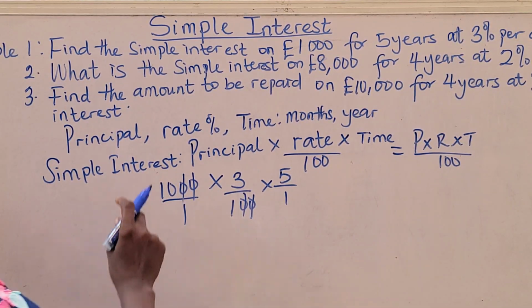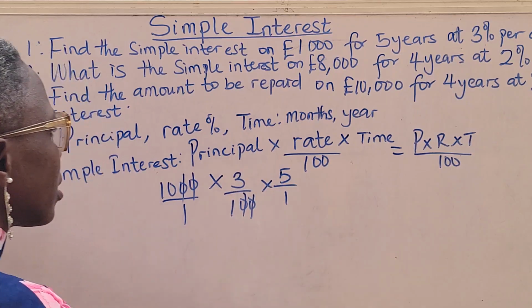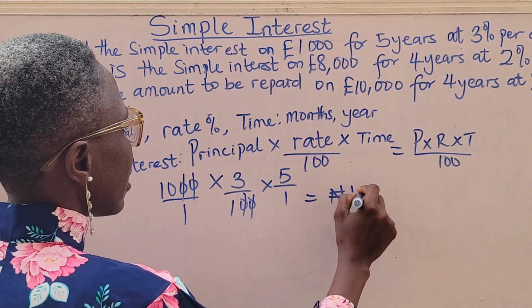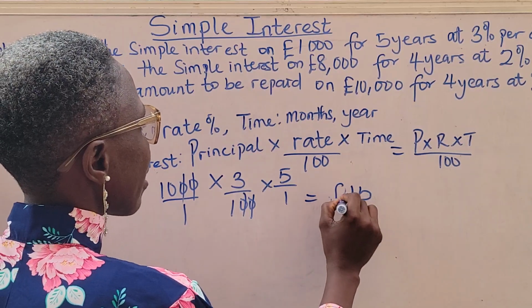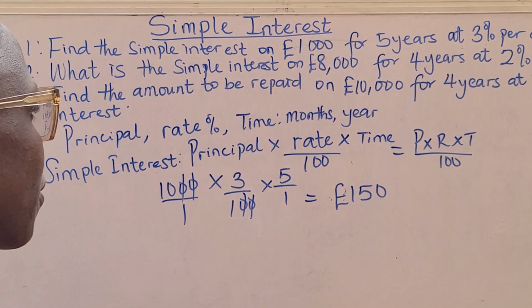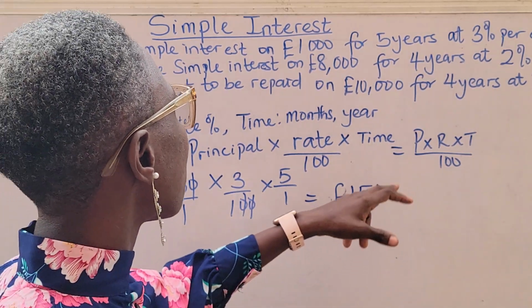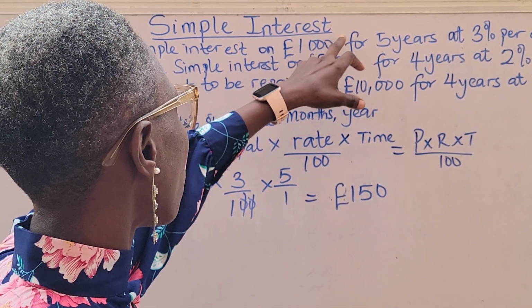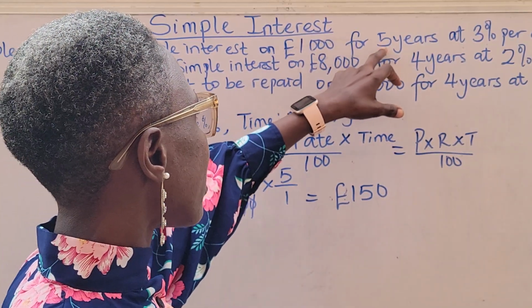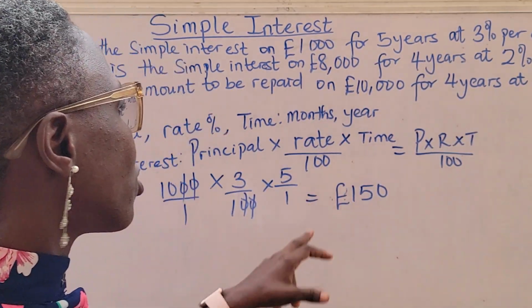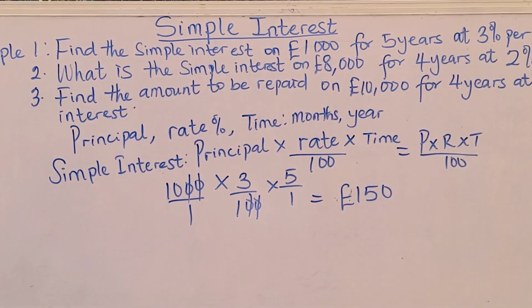So we are left with 10 times 3, 30. 30 times 5, that's 150 pounds. That is the simple interest on this money, which the bank eventually gave me, the 1,000 pounds for 5 years at 3%. The interest I will be paying on it is 150 pounds.